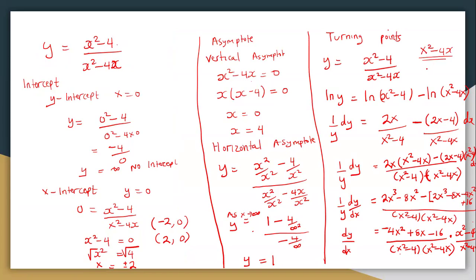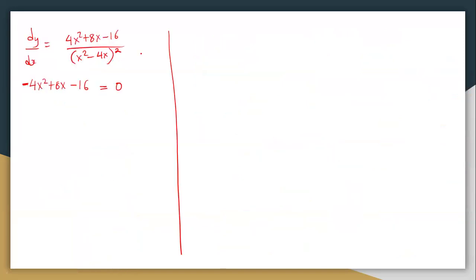Again, that is 2x minus 4. Okay, that's where I made a mistake. Yes, it is fine. It is a negative 16. I think the rest are okay.